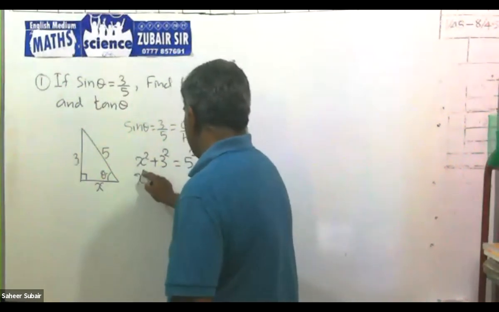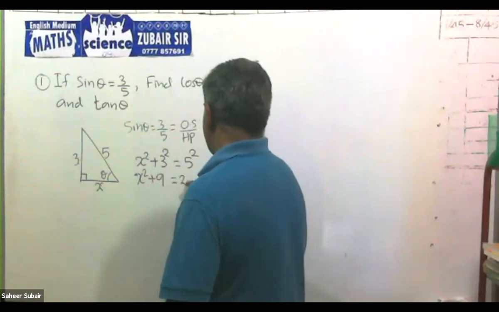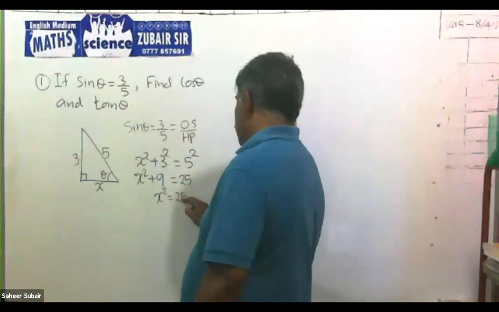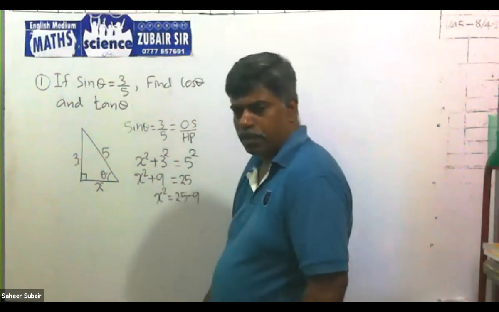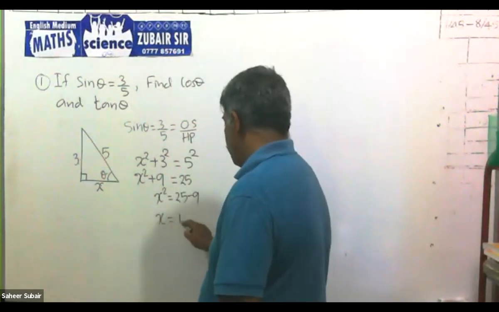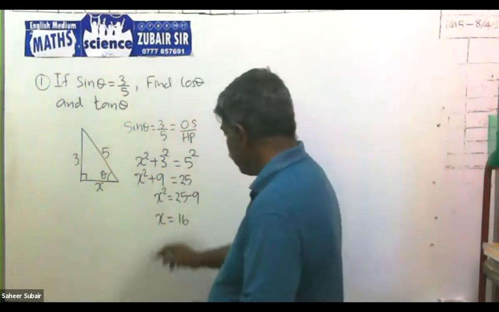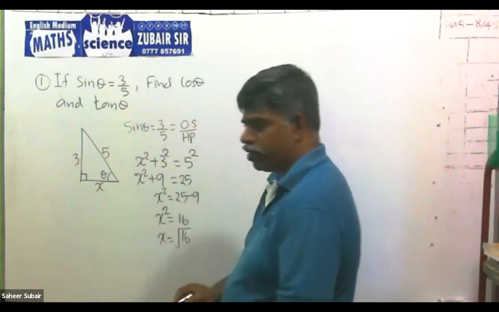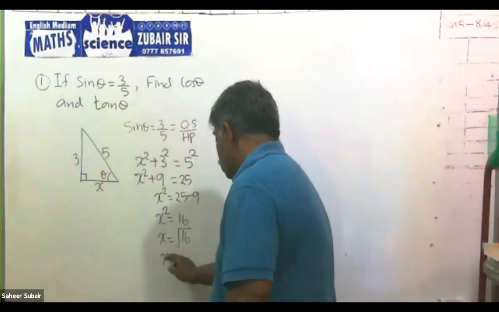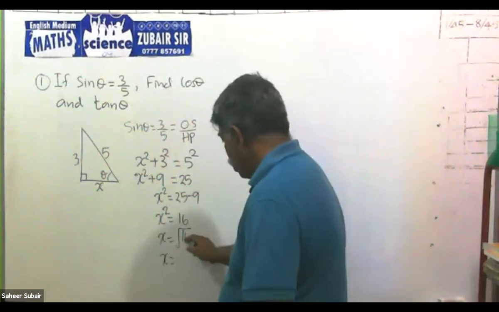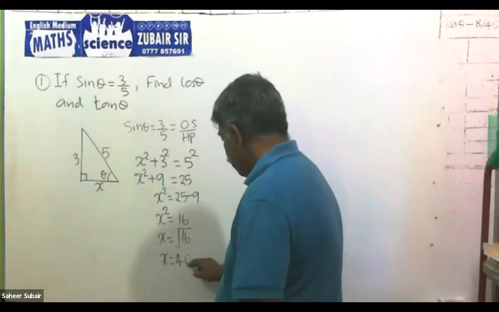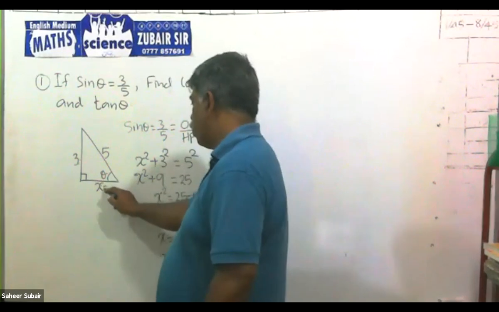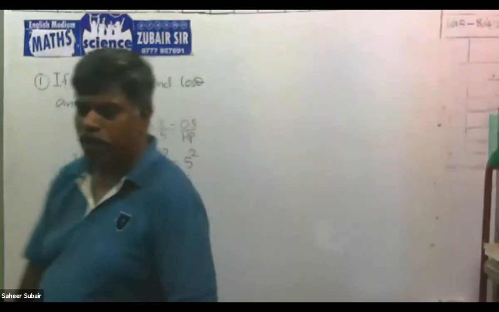So x squared plus 9 is equal to 25. Then x squared is equal to 25 minus 9, which is 16. To find x, we take the square root of 16. What is the square root of 16? 4. So x is 4.